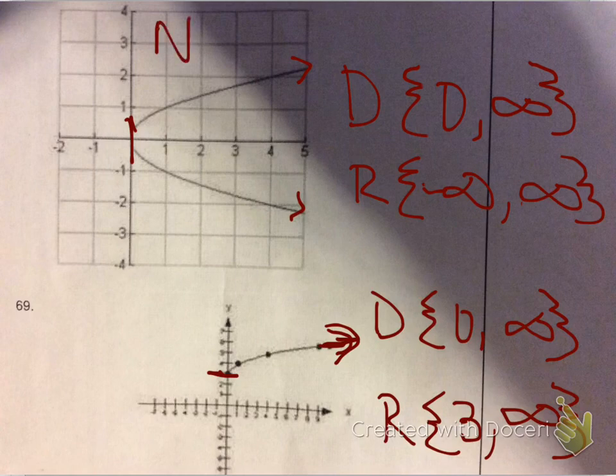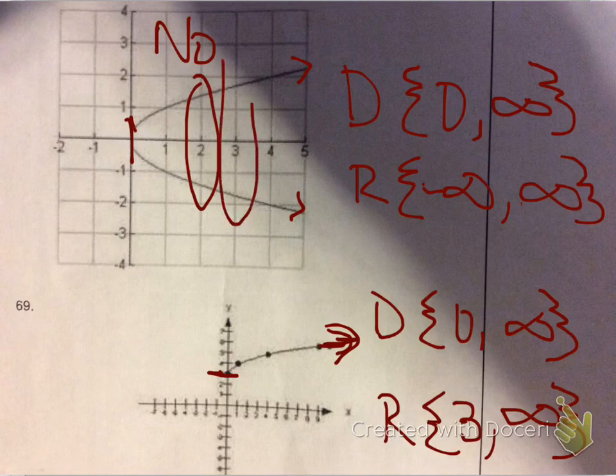This one is not a function because, again, you can see you've got points where they're over each other, which would fail the vertical line test. Here, this one is a function because there are no points that repeat, no x's repeating. So you can see some of the differences there about what we talked about with domain and range and whether or not it is a function.